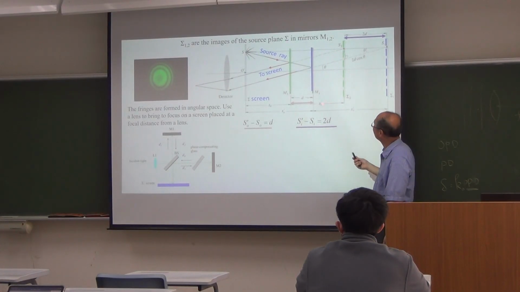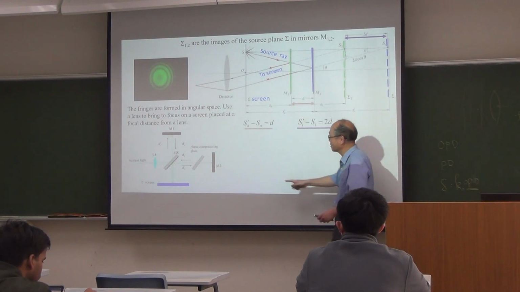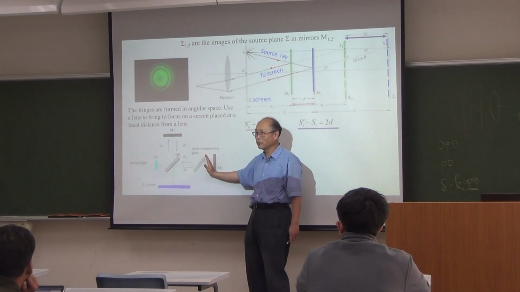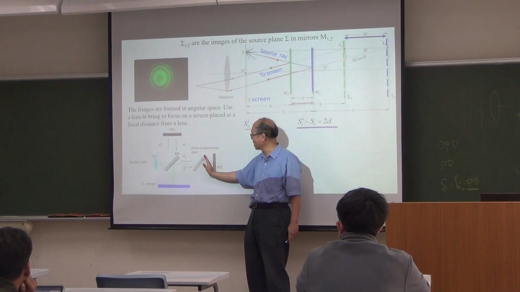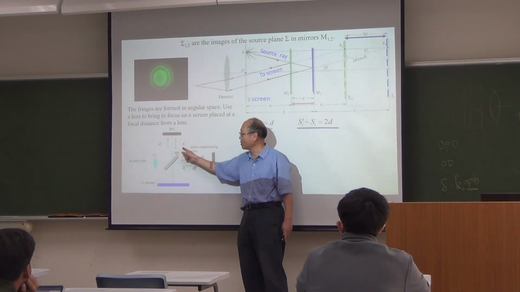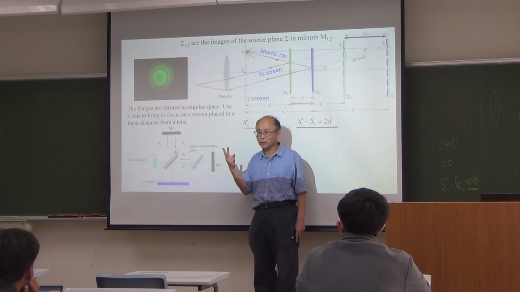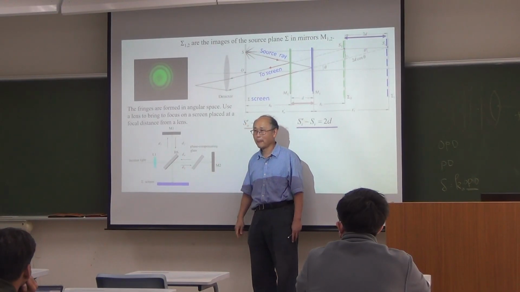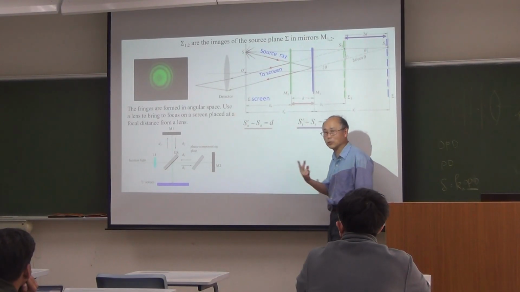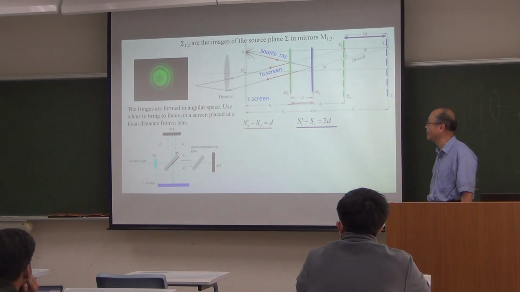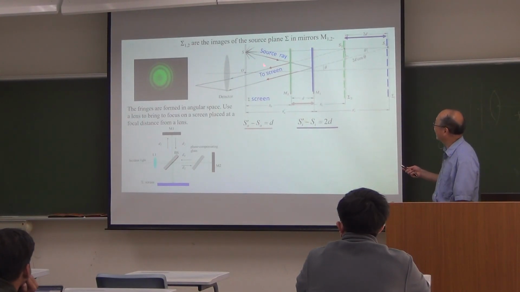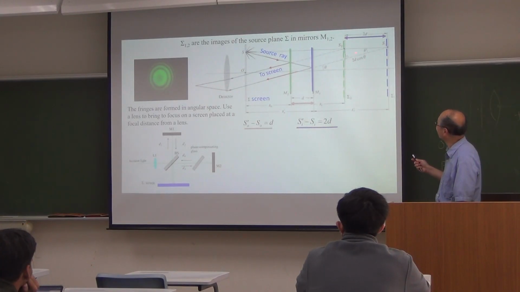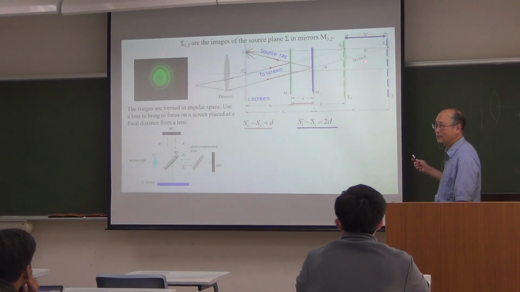Okay, if you don't like this, too complicated, then just look at this. If you move a small distance, say 1 centimeter, the path difference between these two will be 2 centimeters, because you go this direction and come back. Okay, so it sort of doubles the path difference. But then if you propagate the light, the ray with some angle, well, you have to take into account this angle.